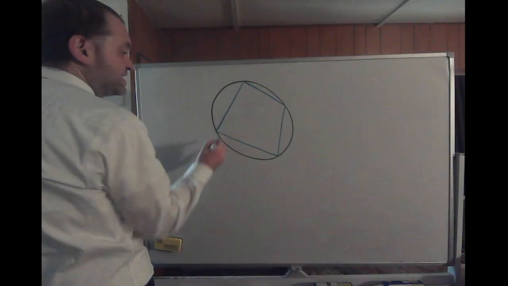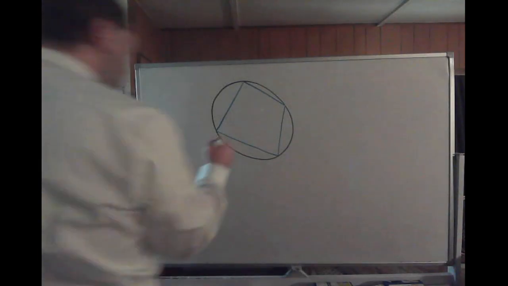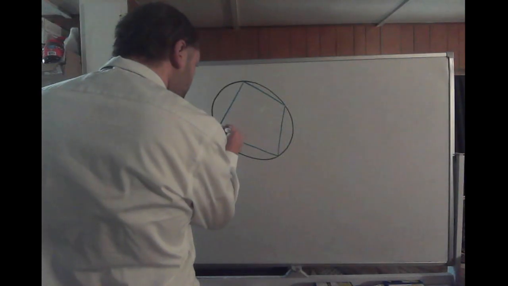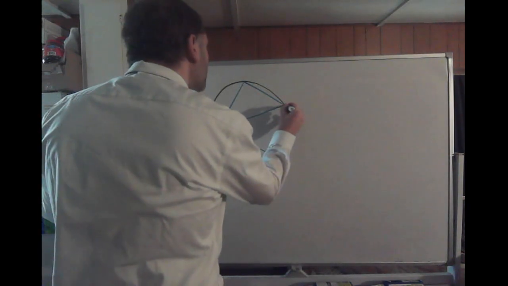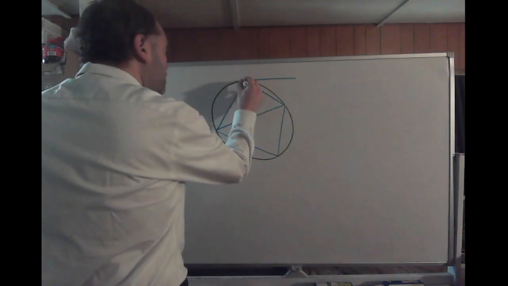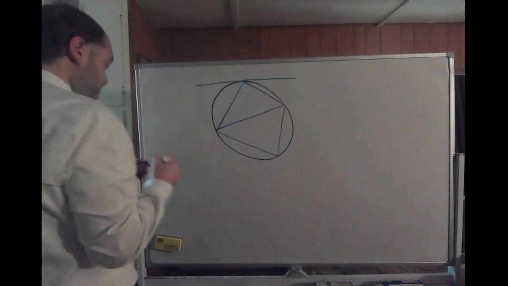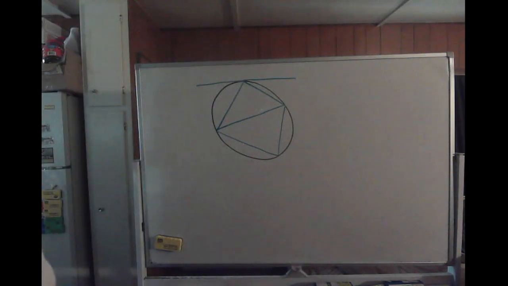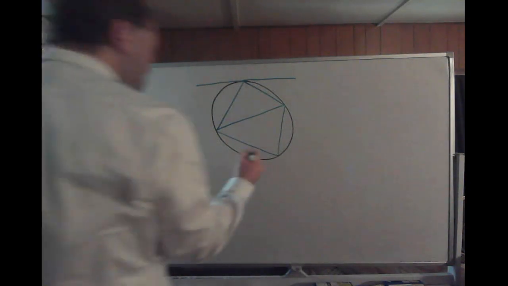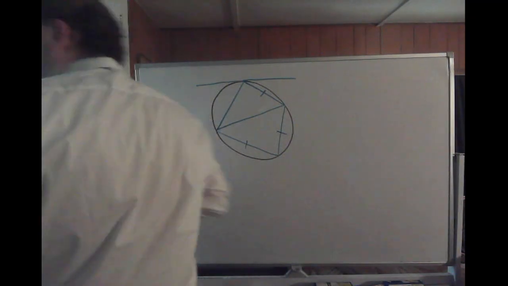Probably not the best scale model of this, but it'll do the job. Alright, then we have a tangent line running through here. We're even given that these three sides are congruent.